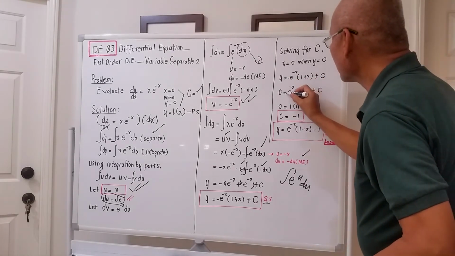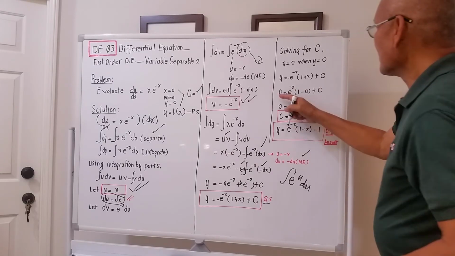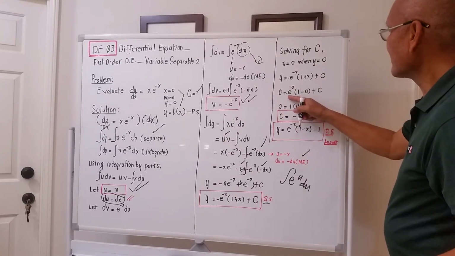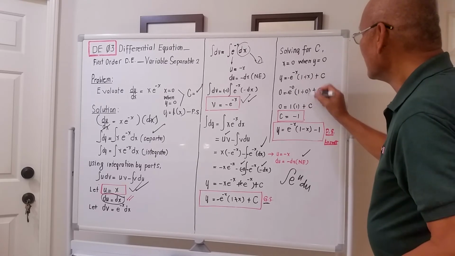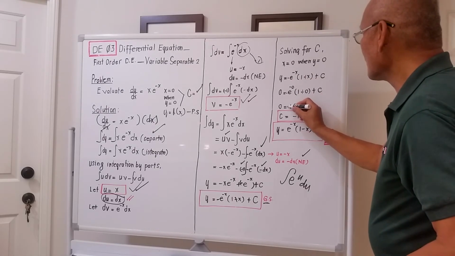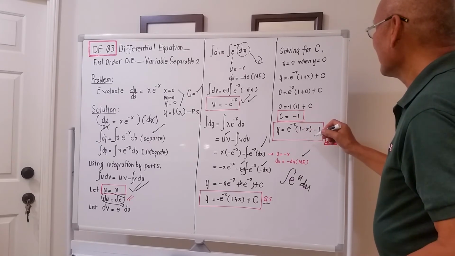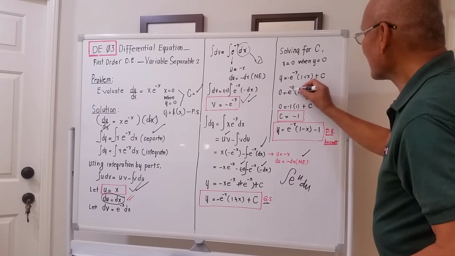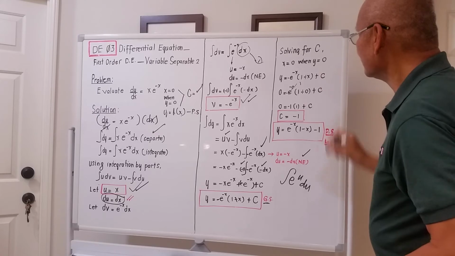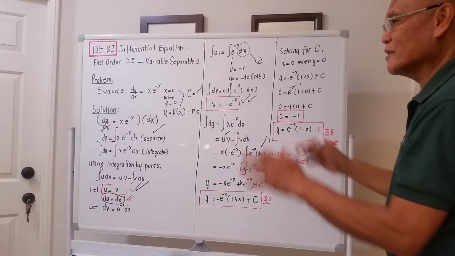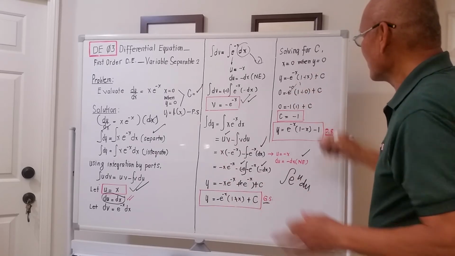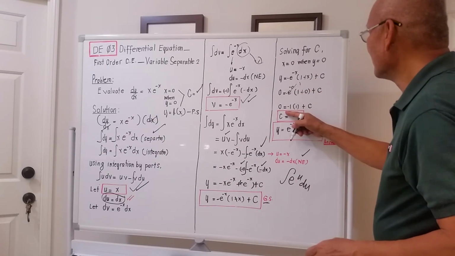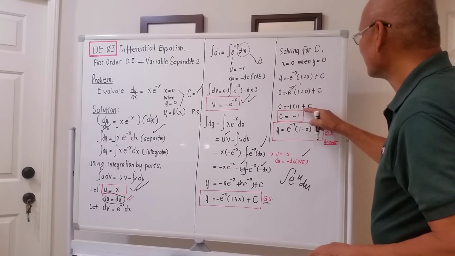So 0 will be equal to negative e to the negative 0 times the quantity 1 plus 0. So this should be negative 1, because e to the 0 is actually 1. There is no such thing as negative 0. Negative 0 or 0 will just be equal to 1.